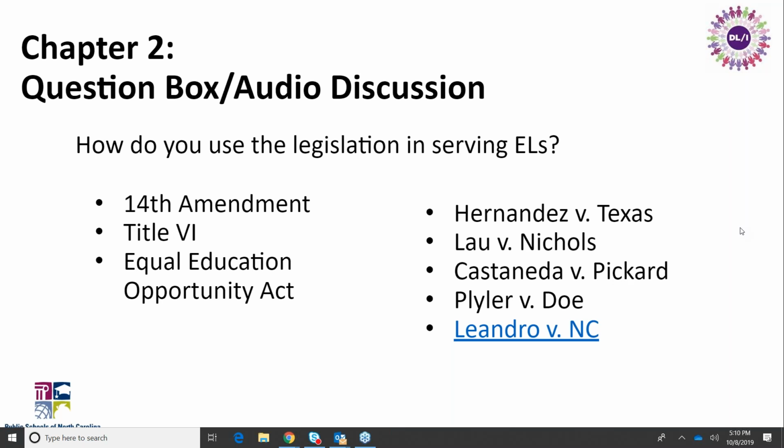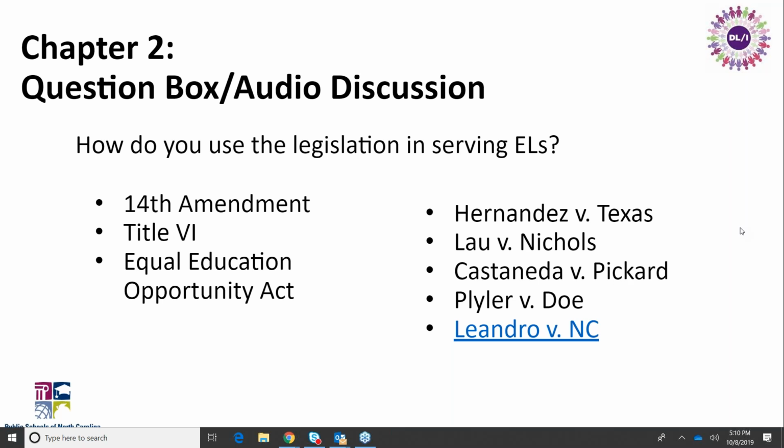It also helps parents, especially parents who don't know the law or parents that are new to the country, and I try to show them what their rights are, what type of services they're entitled to, and what type of help we can provide the students who are English language learners.